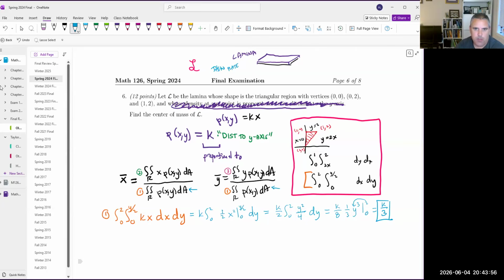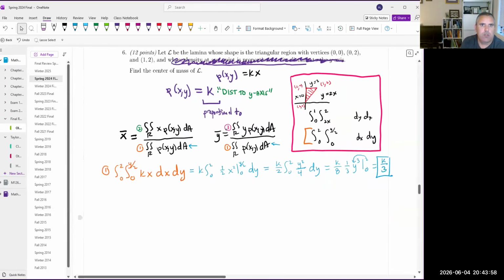Now let's keep going. So next, let's compute. I have it green above, so let's use green. The integral from 0 to 2, the integral from 0 to y over 2 of x times the density.